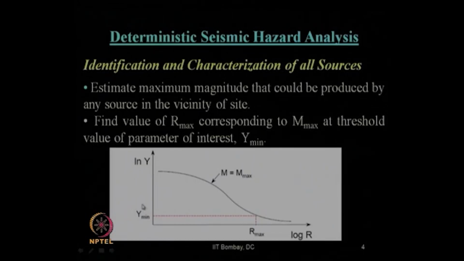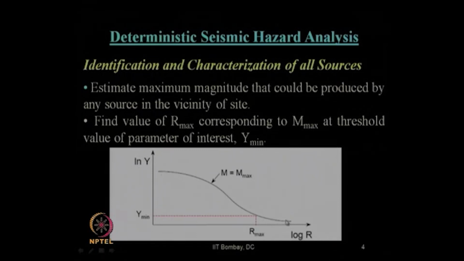Say, for example, for peak ground acceleration 0.05 g is the minimum value which we want to know. So, we have to see from various faults etc., what is the attenuation for different values of earthquake magnitude, and that value of say PGA with respect to the distance.